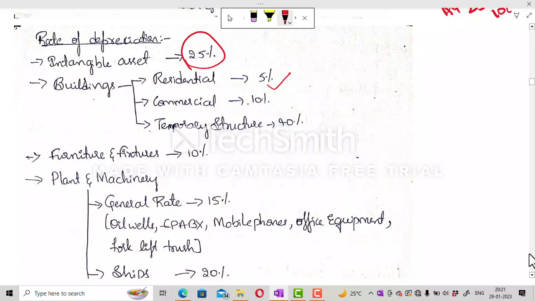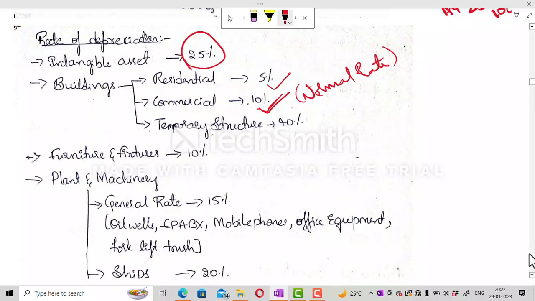In case of commercial purposes, like offices, we are using it for office, 10% depreciation. Normally we have to take this depreciation, 10% is the normal rate, the general rate. If they did not mention anything and only gave building, we have to take 10% only.